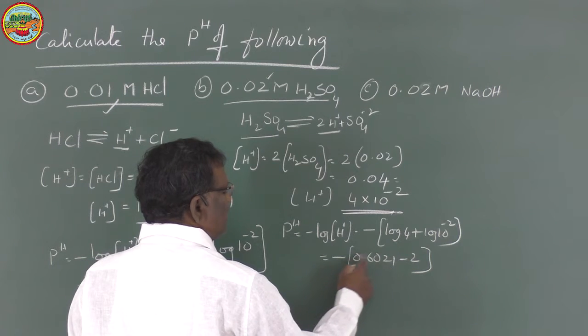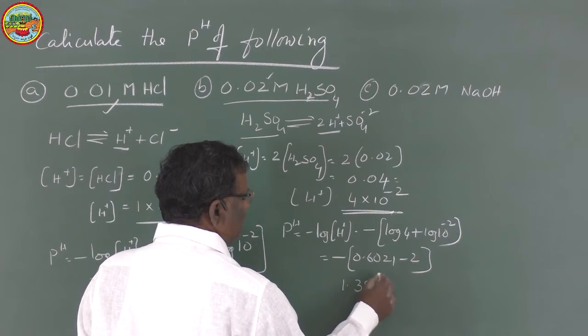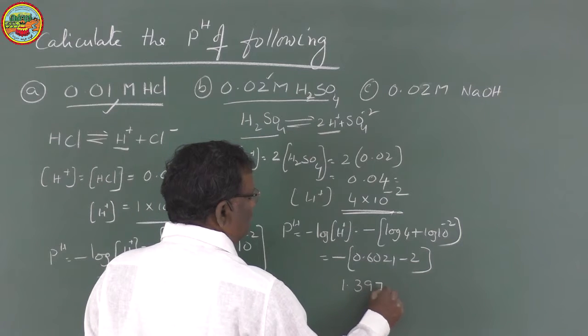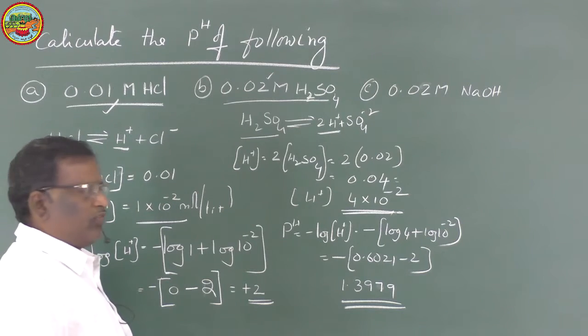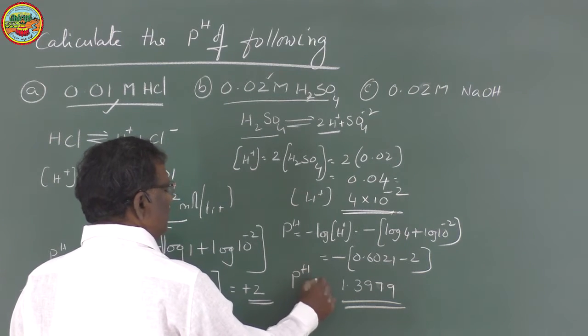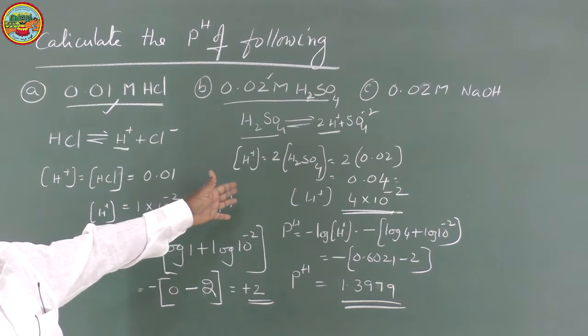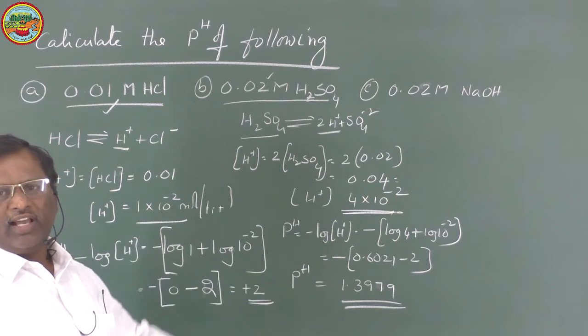Now this is minus of minus, so you will get plus 1.3979. So the pH of 0.02 mole H2SO4 is 1.3979. So for monobasic acids, the H plus ion concentration is almost equal to the acid concentration. For dibasic acids like H2SO4, we have to double the concentration of H2SO4 to get the H plus ion concentration.